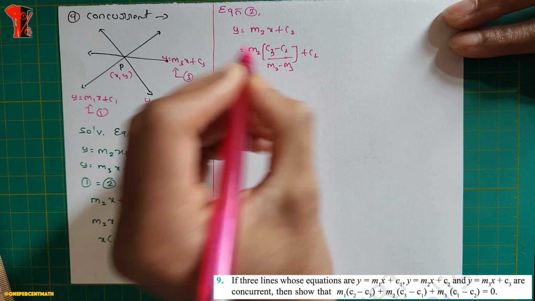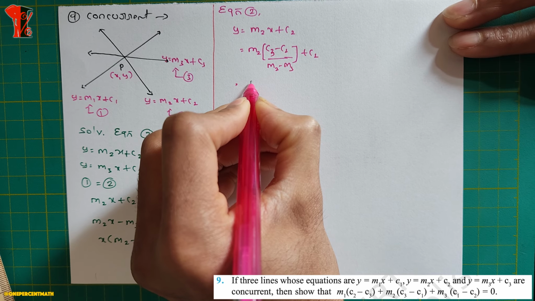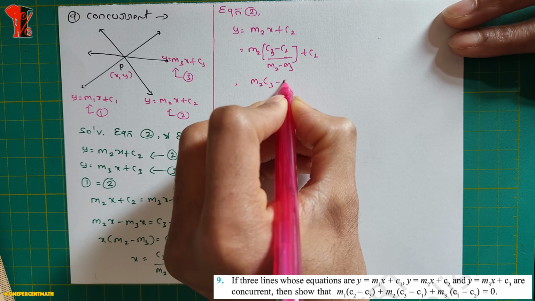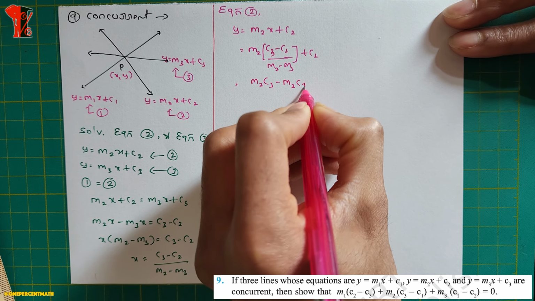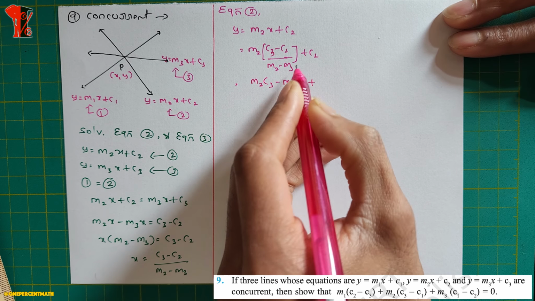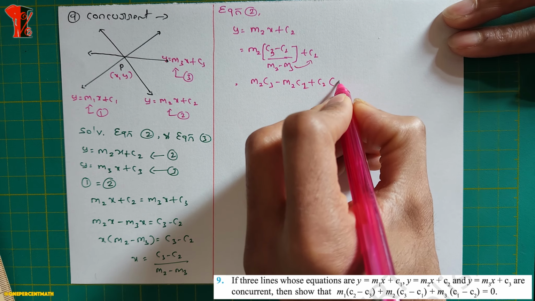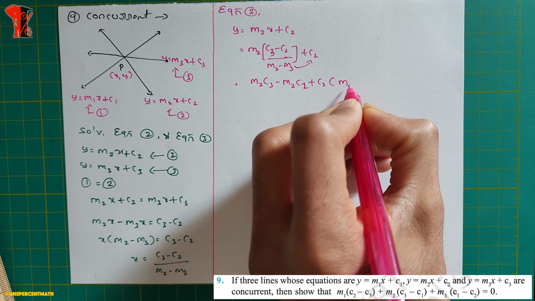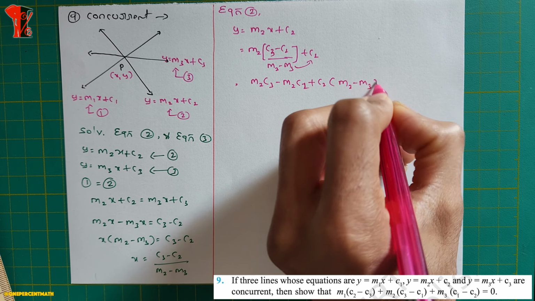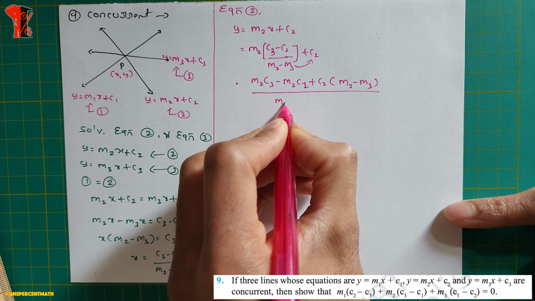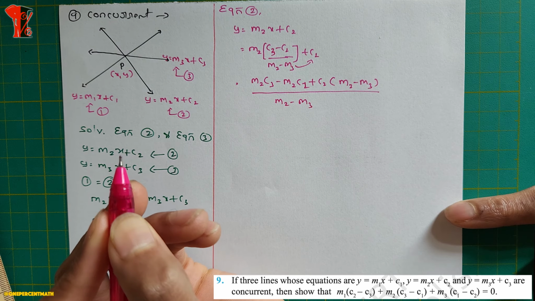Let us simplify further. If you open the bracket, it becomes m2c3 minus m2c2 plus, if you take an LCM, this should be multiplied here, c2 into (m2 minus m3), whole divided by (m2 minus m3).